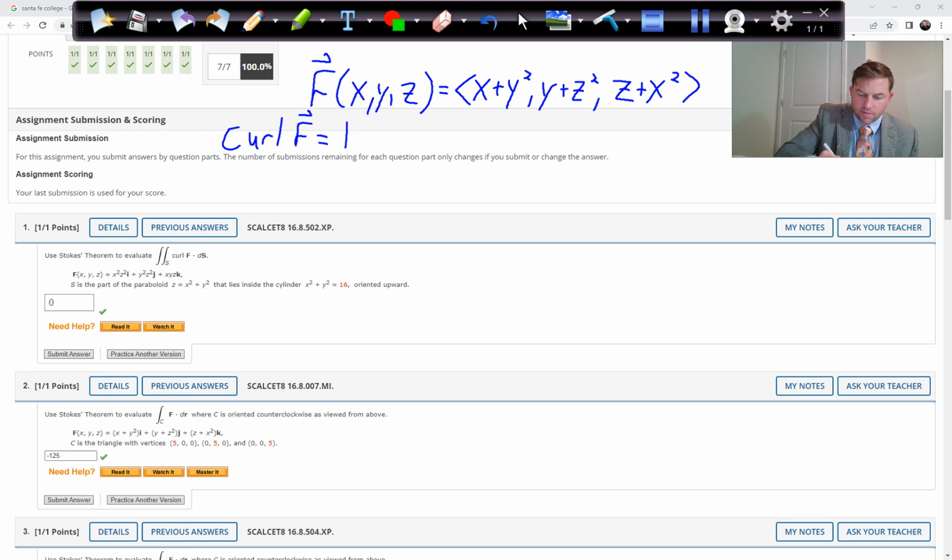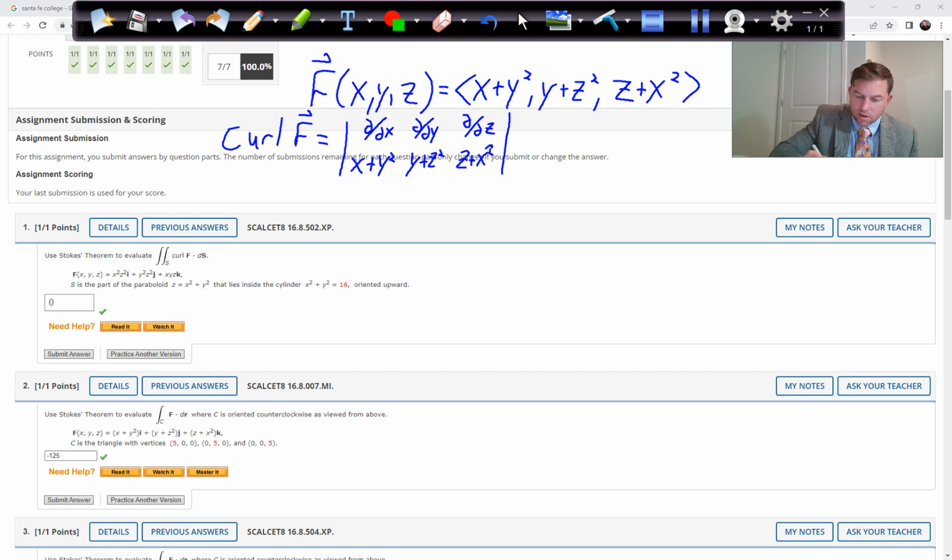Well, the curl of f is equal to the partial derivative with respect to x, partial derivative with respect to y, partial derivative with respect to z of these three terms. So x plus y squared, y plus z squared, and z plus x squared.